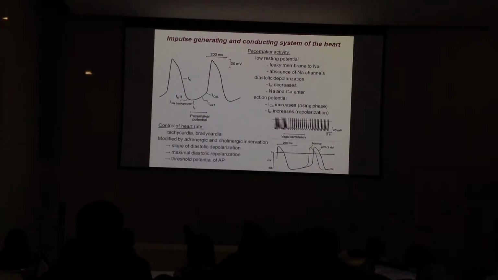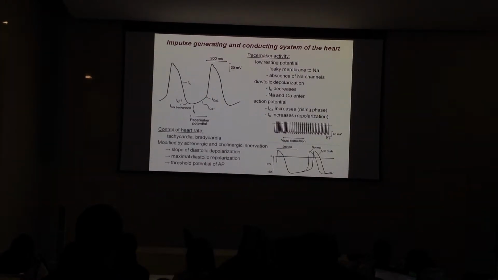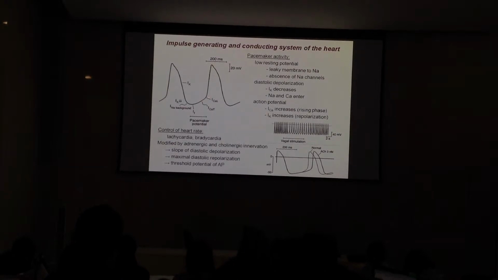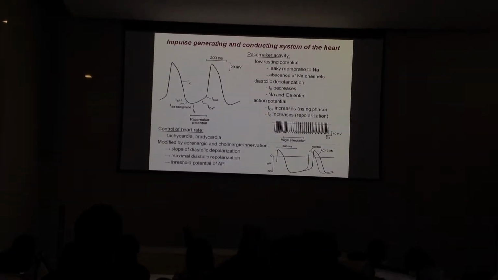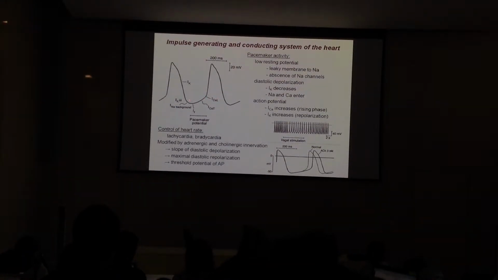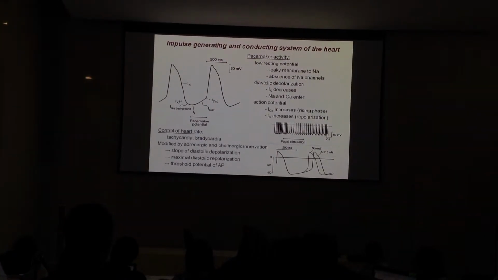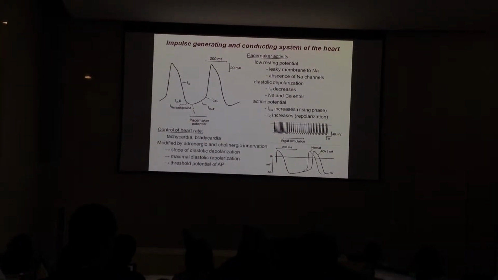If the slope is steeper, it will reach the threshold potential of the calcium channels earlier. If the rising pace is slow, not so fast, it takes longer time to open the calcium channels.